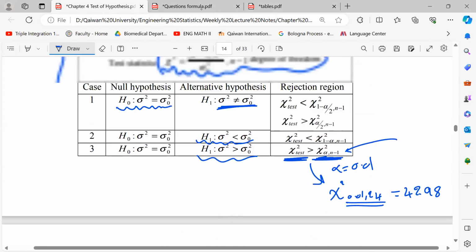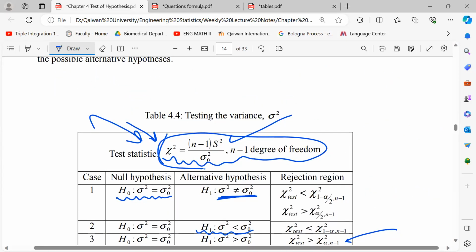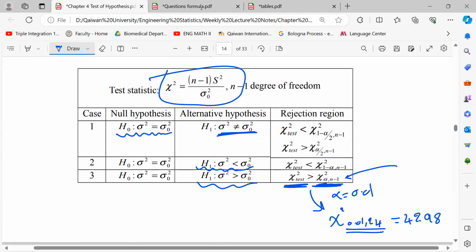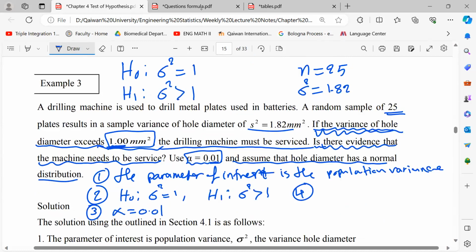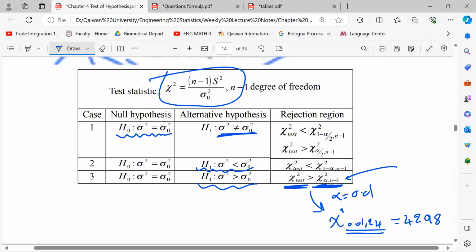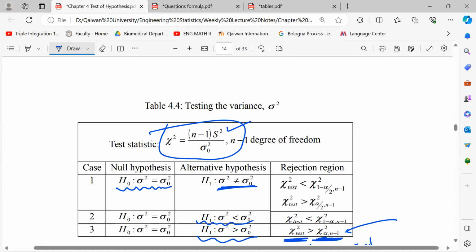Then in step 5, we calculate this. All are given. S squared is 1.82, and sigma naught is 1. This is given. And n is 25. We just calculate.